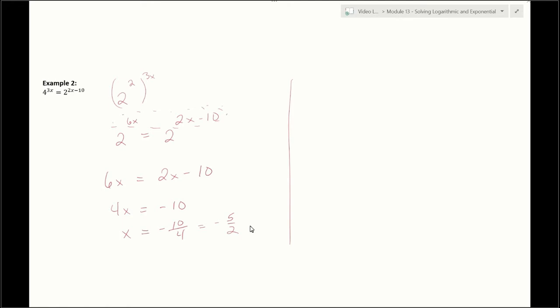Now let's see what happens if I tried to do the log of both sides. All right, so again, using the same property, my exponent will come to the front. And I'll make sure I use parentheses to make that very clear. And now here's where things get a little trickier.